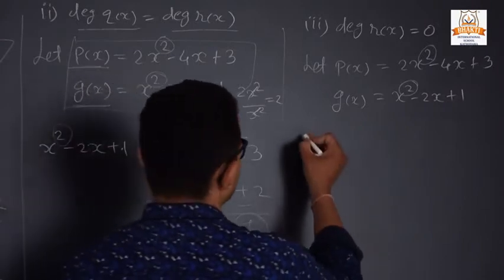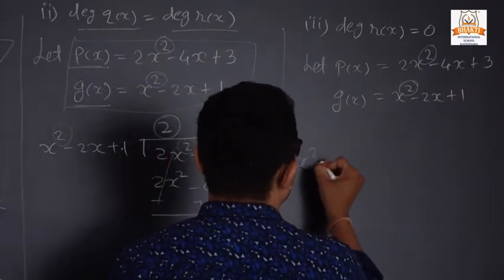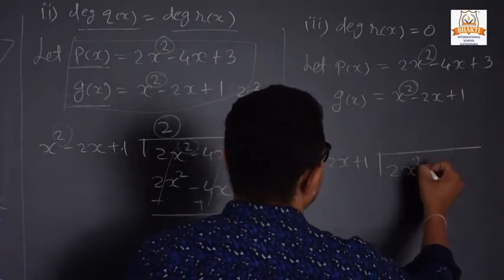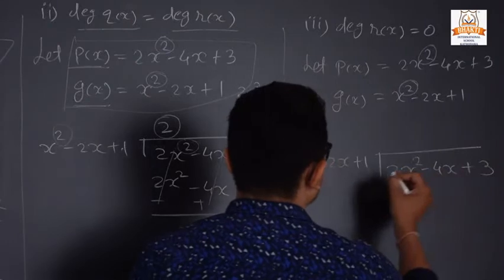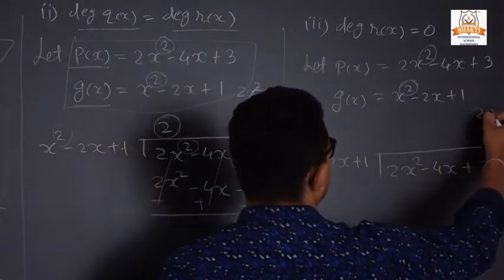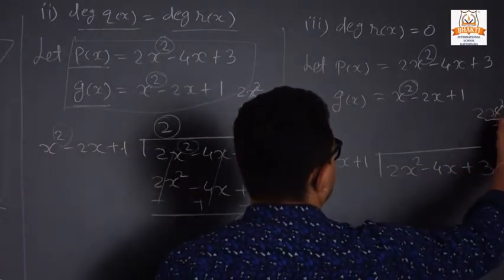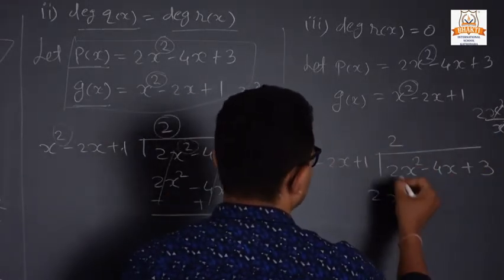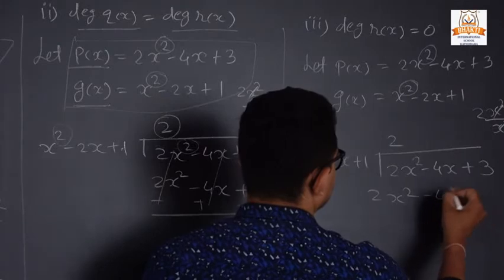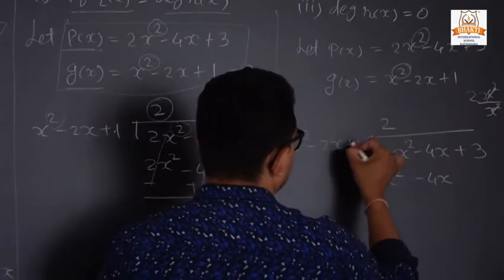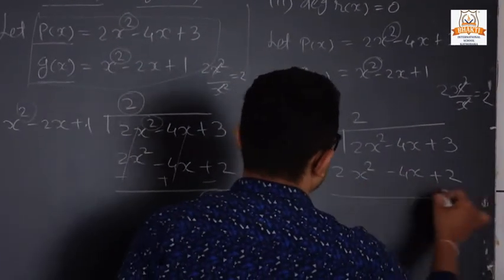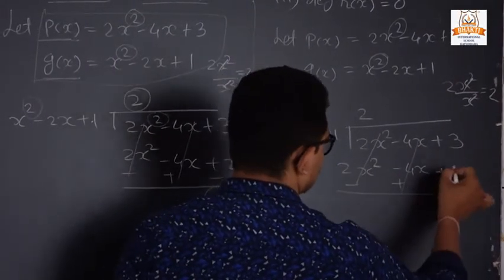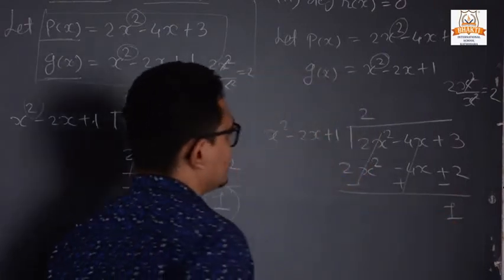So let's check. 2x square minus 4x plus 3 divided by x square minus 2x plus 1. 2x square divided by x square, x square cuts, so it will be 2. Now 2 into x square, so 2x square minus 4x and plus 2. Now the sign will be changed, so this cuts, this also cuts. 3 minus 2 will be 1.